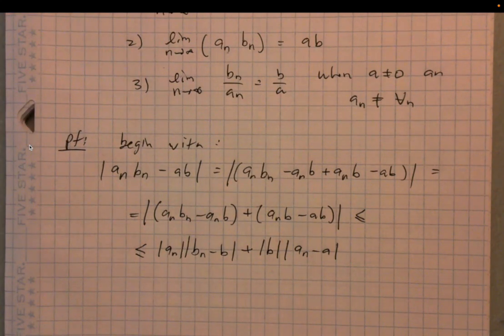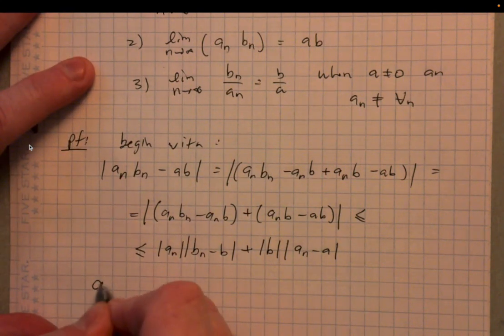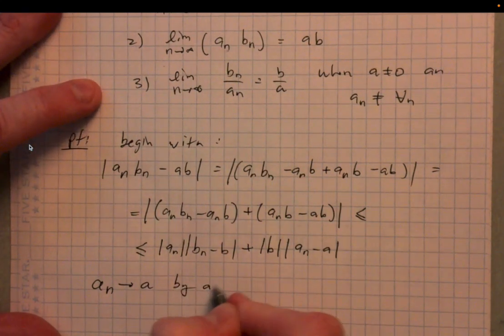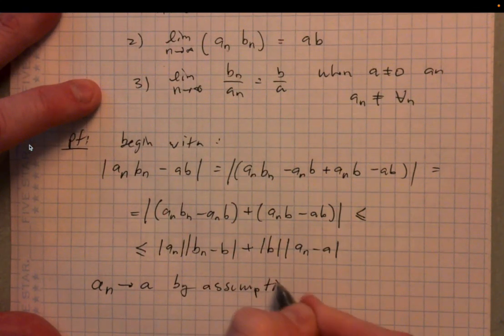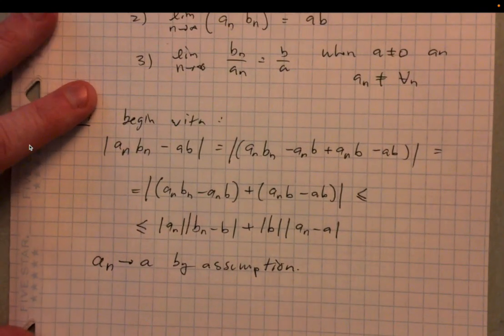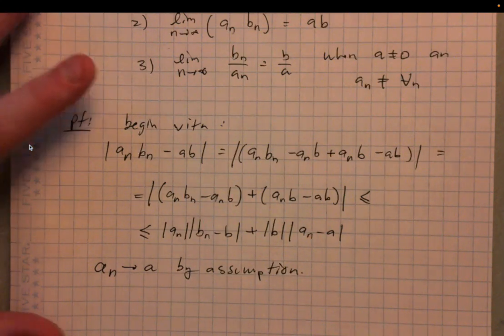Okay, now a sub n converges, right? We know that a sub n goes to a by assumption. That's part of the theorem. A sub n has a limit. The limit is a. So the sequence converges, and that implies that the sequence is bounded.